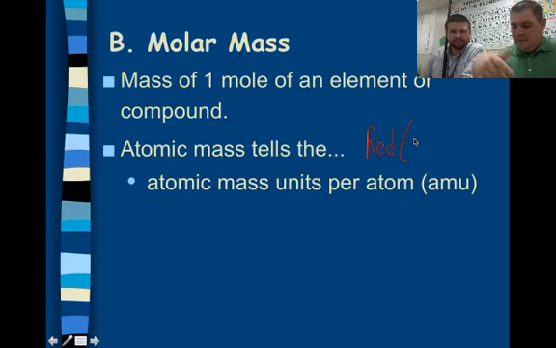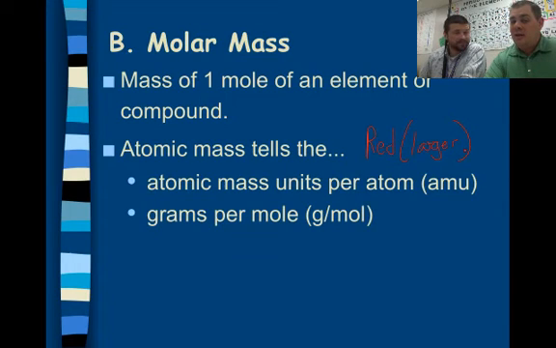On the periodic table we use on tests, it's the number right underneath the element. It's usually the larger number of the two, the decimal number. That is the mass of 1 mole of that element.